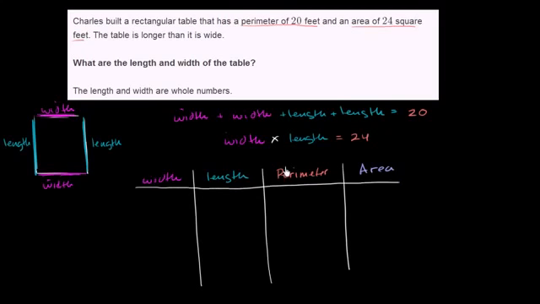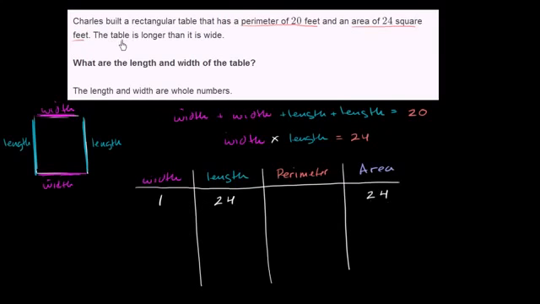What we can do is make sure that everything we try out has an area of 24 square feet. So let's think about the factors of 24. Well, it could be 1 and 24. So this literally could be a width of 1 and a length of 24. 1 times 24 is 24.